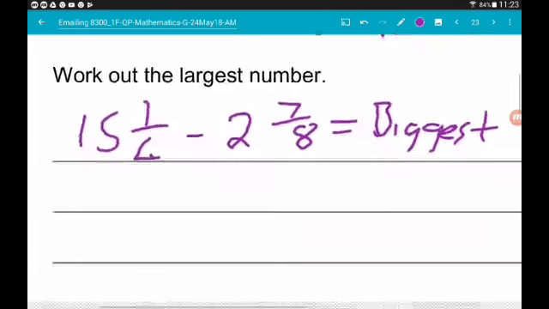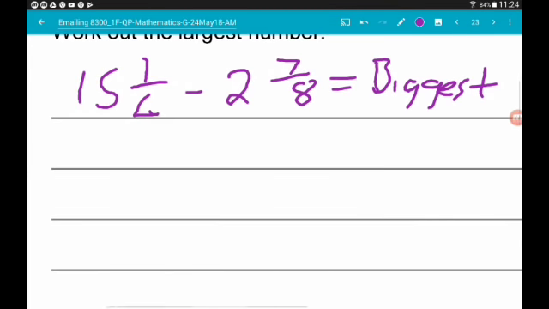Okay, so now we're dealing with mixed numbers. So to do this subtraction, we need to turn them both into improper fractions. So to do that, you multiply the bottom of the fraction times the whole number, add the top of the fraction, and then that's all over the bottom of the fraction.